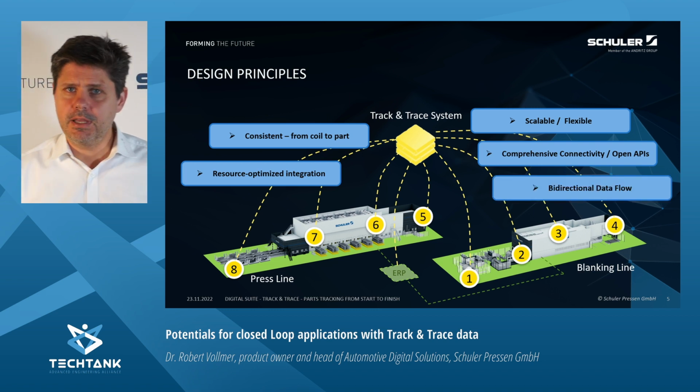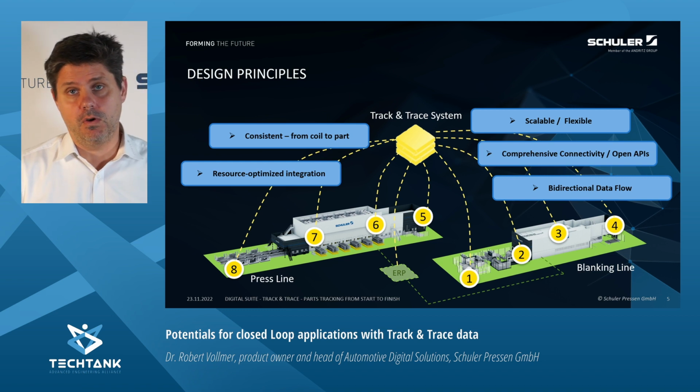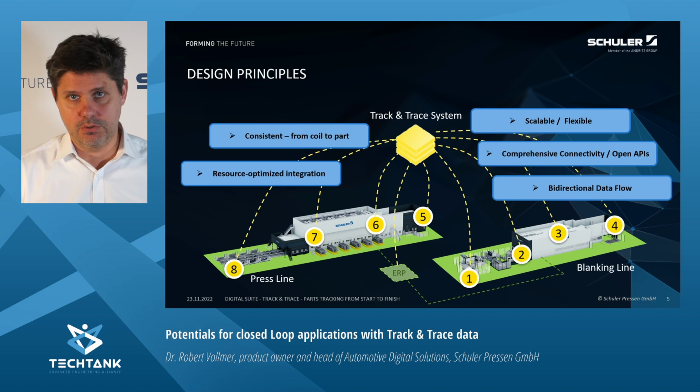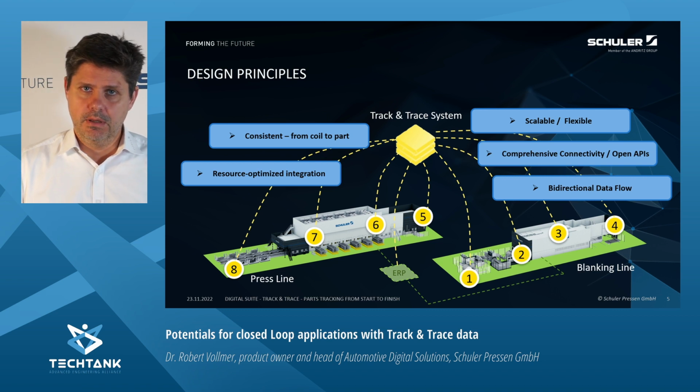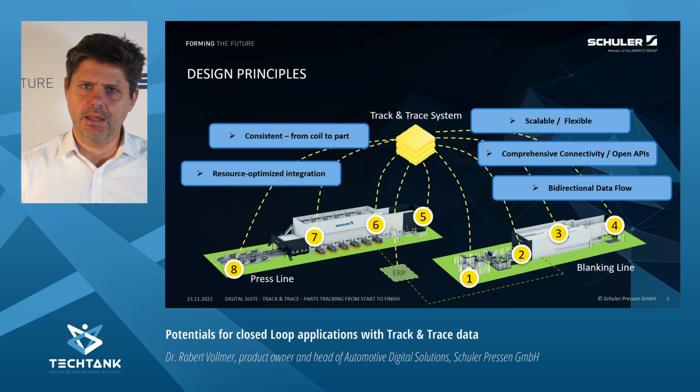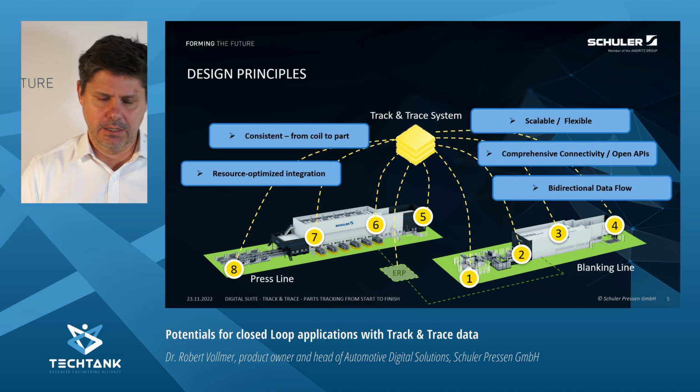What was also very important to us from the very beginning was that it's a bidirectional data flow solution. What does that mean? We have done a lot of black box data recording in the last few decades, but it's sometimes very difficult to bring data back to the production line.